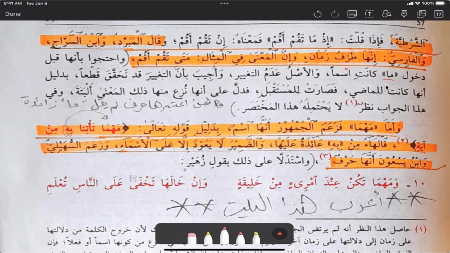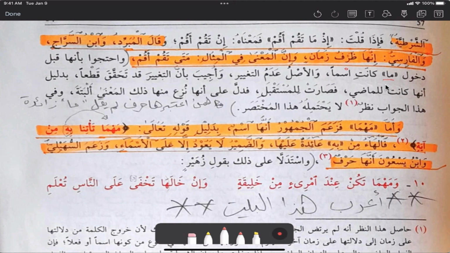So, the origin is that a thing is not changed. It is as it is. You take a thing as it is. So they said, therefore, when ma came, it didn't stop being an ism. It stayed an ism. It didn't become a harf because ma came.